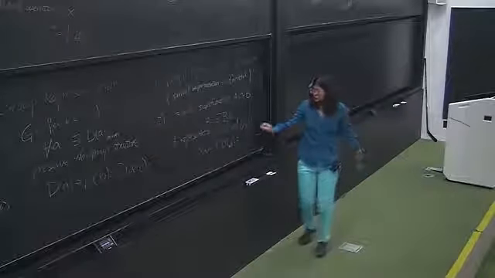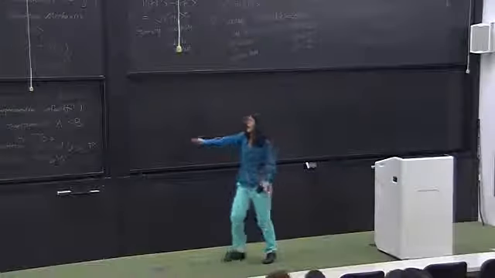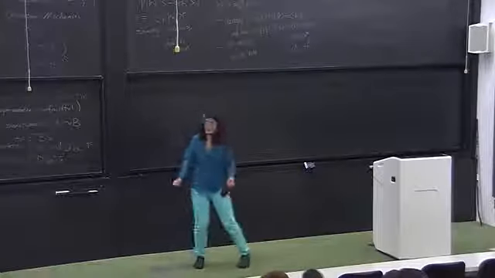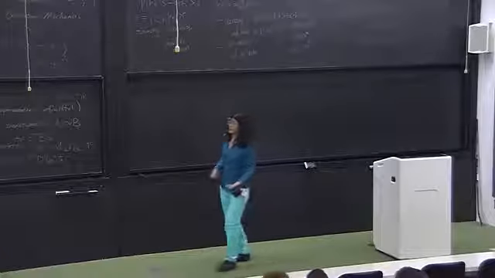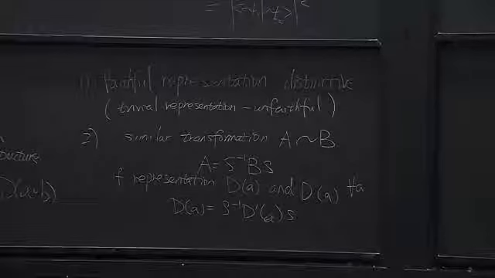So that should be, for any group member, this is true. If for every group member, the two representations are related by a similarity transformation, then we say these two representations can be studied together as an equivalence class.